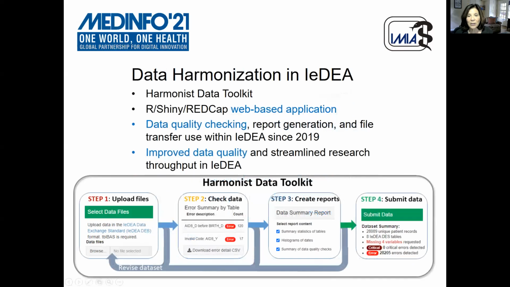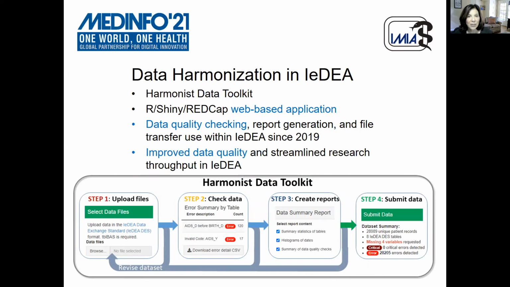So let's start by looking at how data harmonization is handled for other IDEA projects. Within IDEA, when a research project is approved, data managers collect the data from the clinics in their region, map it to the common data model, and upload these data sets to the Harmonist Data Toolkit.